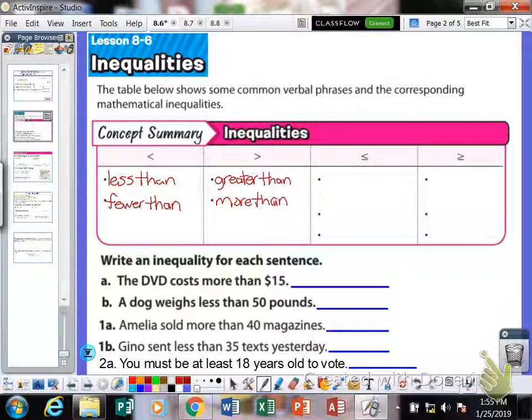Our next symbol here is our less than symbol with the line underneath, and that just means less than or equal to, so that would be a term that we can use to describe it.